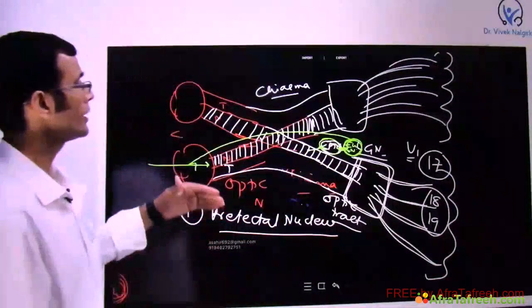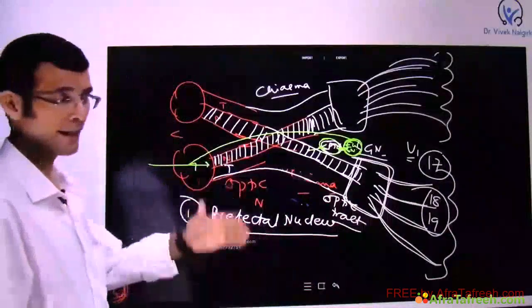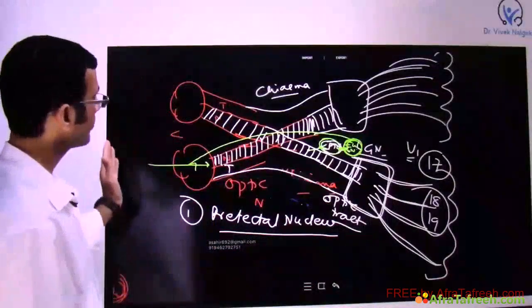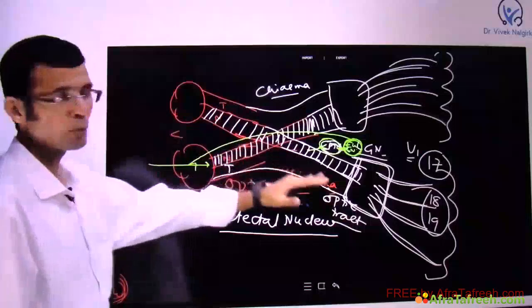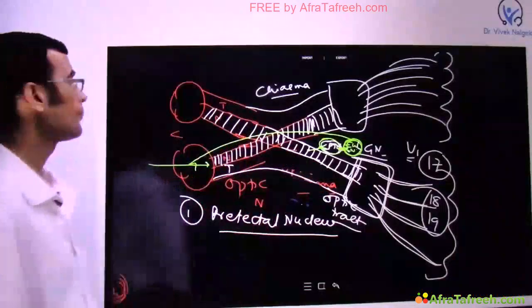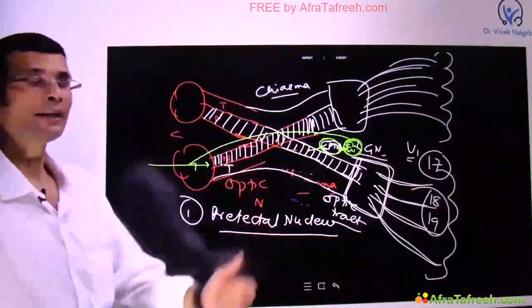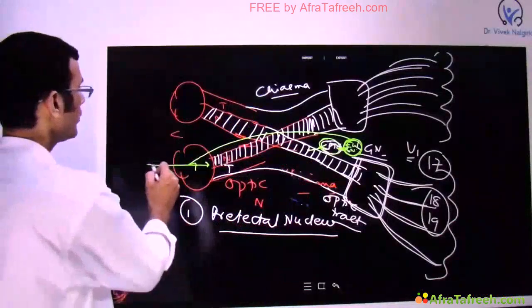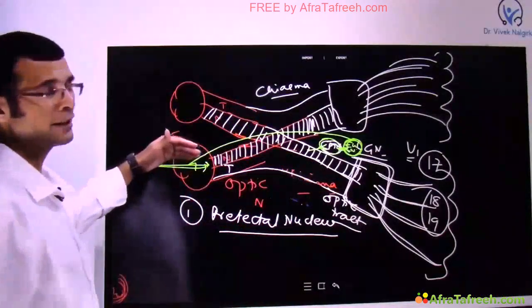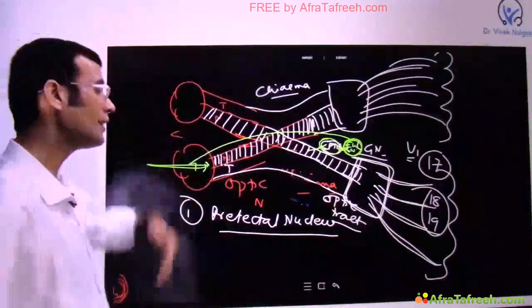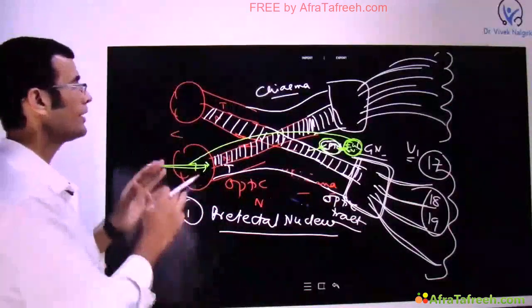Now, there is something called the direct light reflex. Direct pupillary light reflex means light thrown in one eye and the pupil of the same eye constricts. And there is the consensual light reflex. Throw the light in one eye and there is constriction seen in the other eye as well. Why is that?